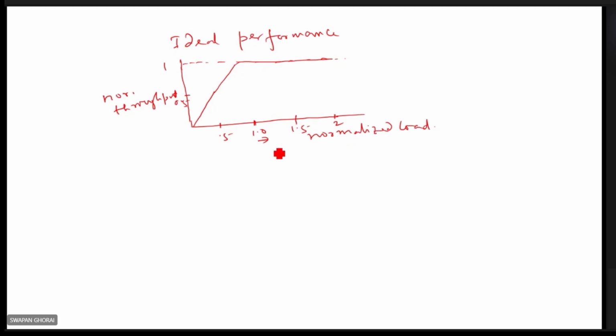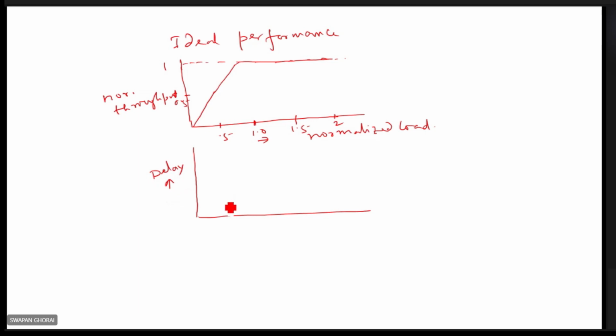But if you increase the load after reaching this point, the delay will be increasing. Even if you increase the load beyond this, the delay will increase excessively.